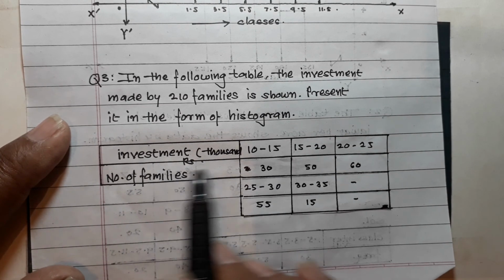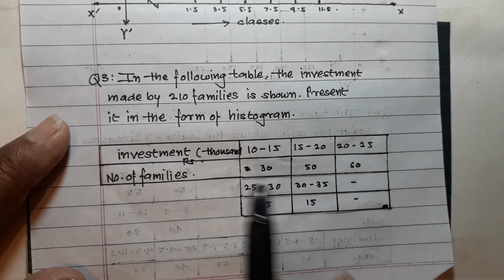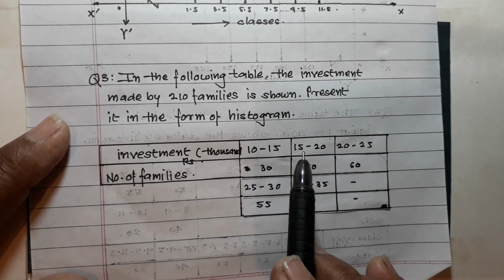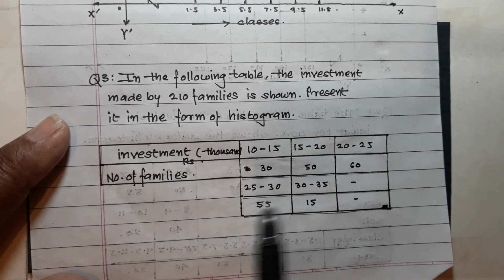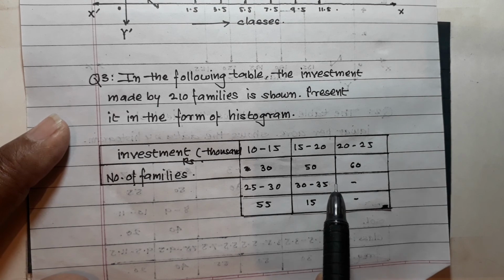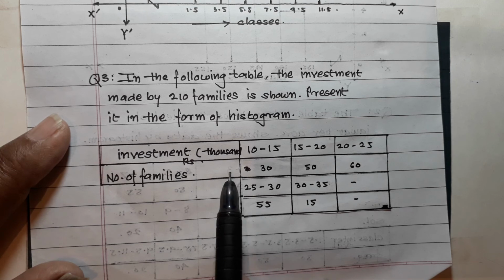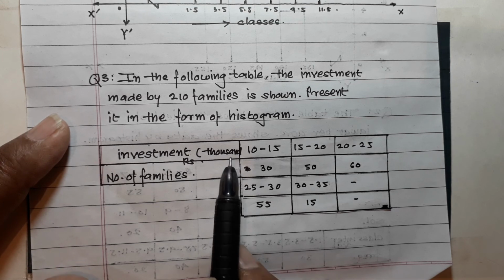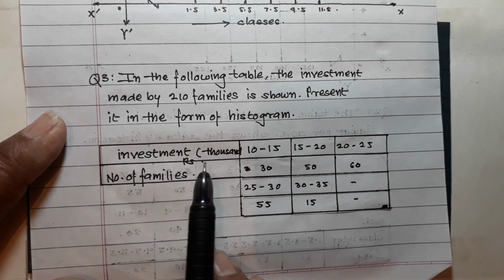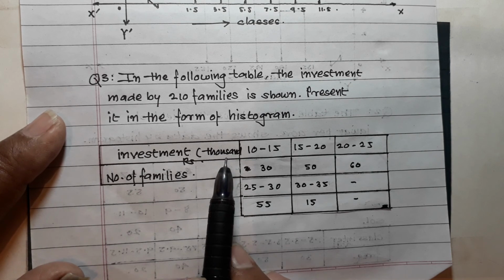Okay, now here first you observe the classes. Now the classes are 10 to 15, 15 to 20, 20 to 25, 25 to 30, 30 to 35. Classes are continuous, so it is easy to draw the histogram. I will explain how to draw the histogram for this information in the next lecture.